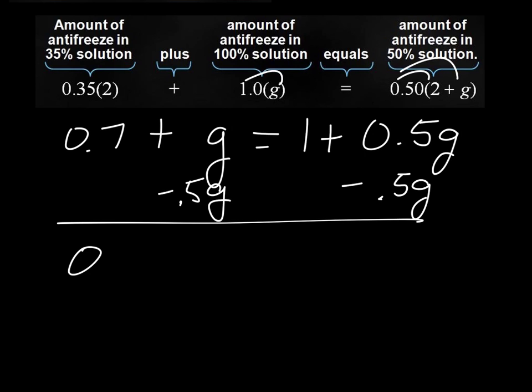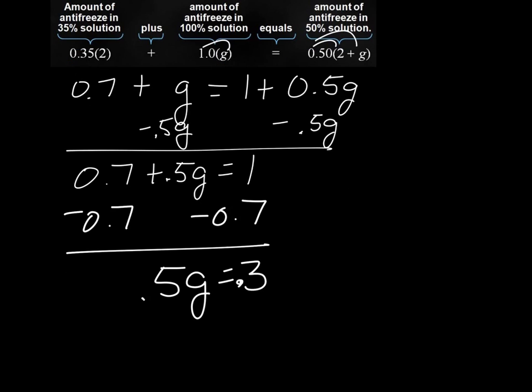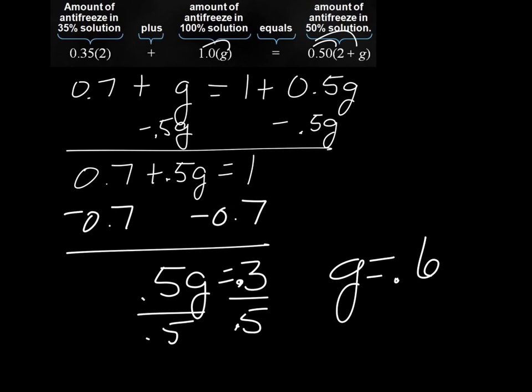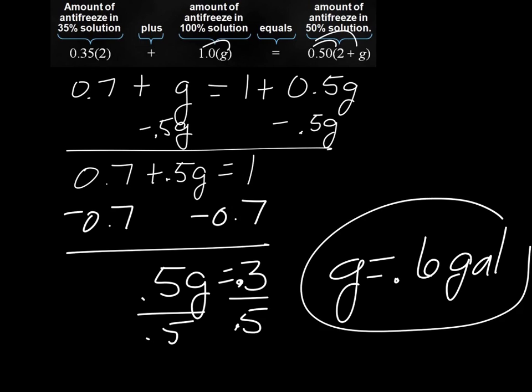So I've got 0.7 plus 0.5 G equals 1, and we subtracted 0.7 from both sides, so 0.5 G equals 0.3. Divide both sides by 0.5, which would be the same as multiplying by 2. So we get G equals 0.6 of a gallon. Seems like a reasonable answer.